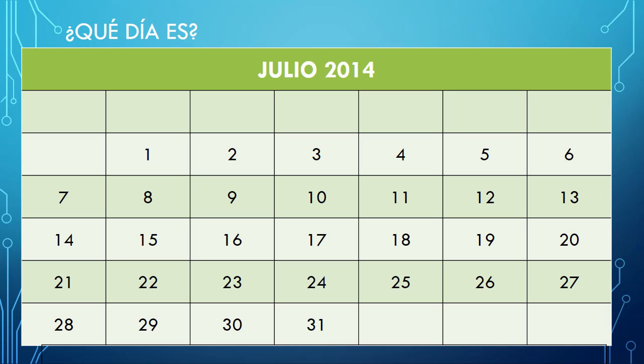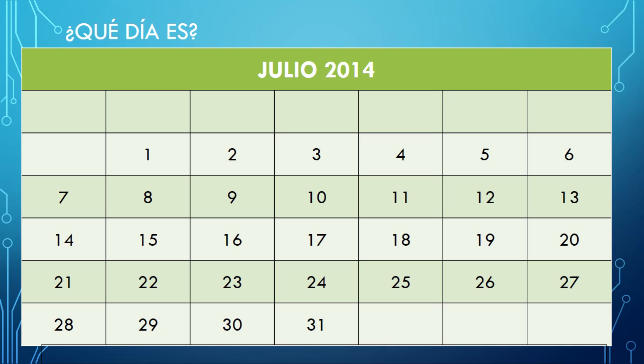Okay. Vamos a practicar. Vamos a practicar los días. I'm going to ask you qué día es. What day is it? Qué día es. And I'm going to pick a number. So this is a Spanish calendar for julio of this year. That's July. And remember that the first column is Monday.